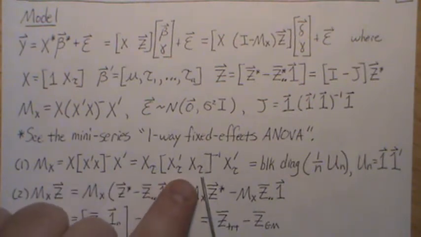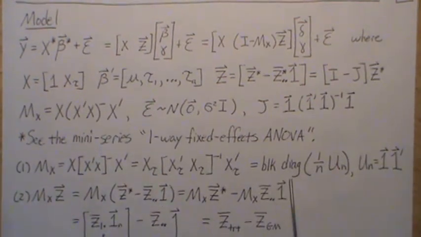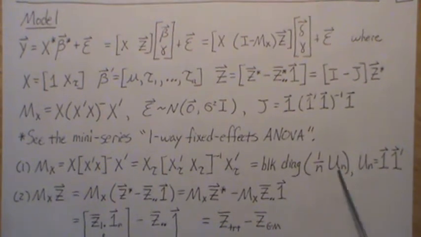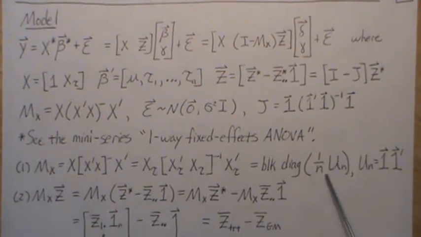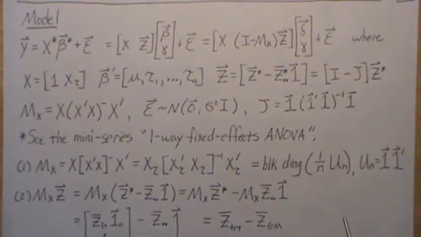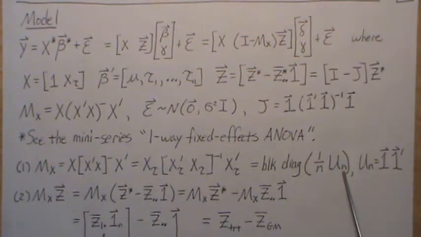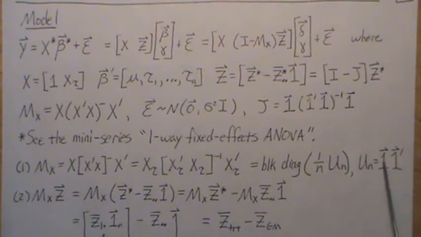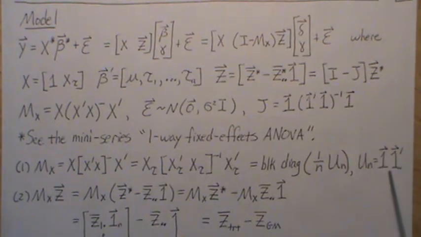So these two are the same. Now this ends up being what's called a block diagonal matrix, with 1 over n times an n by n matrix down the diagonal. And of course, J_n can be thought of as this vector multiplication, so it creates a matrix of all ones.